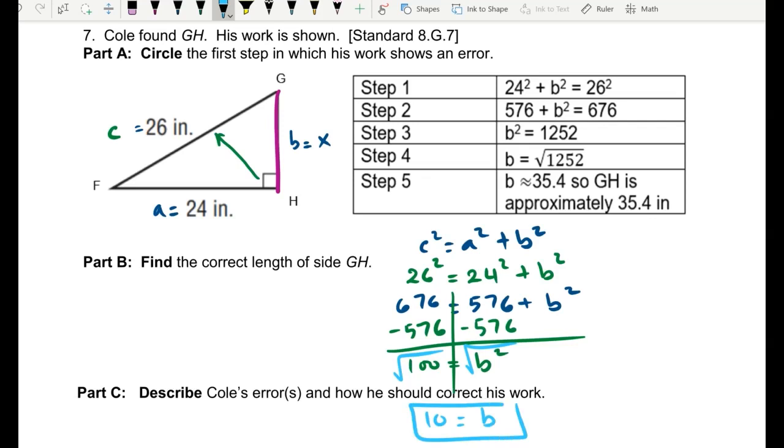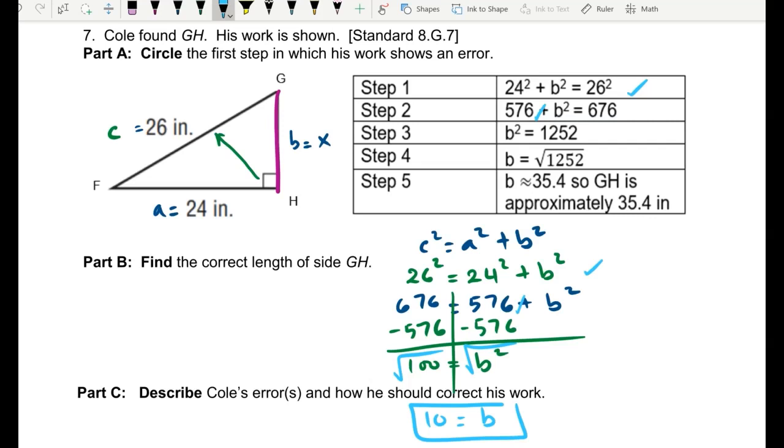Now we're going to go back and check the answer. They have 24 squared plus b squared equals 26 squared, which matches our answer. 24 squared is 576, which is correct. Then we should subtract 576 on both sides, but they didn't subtract.